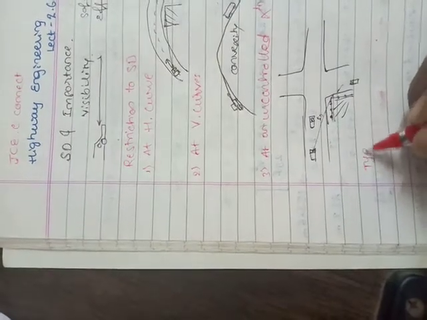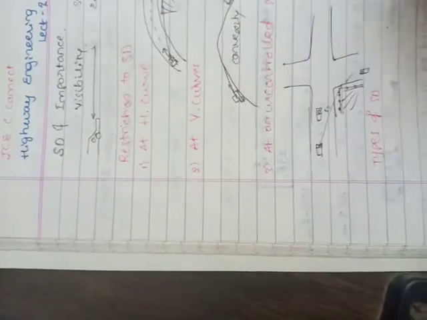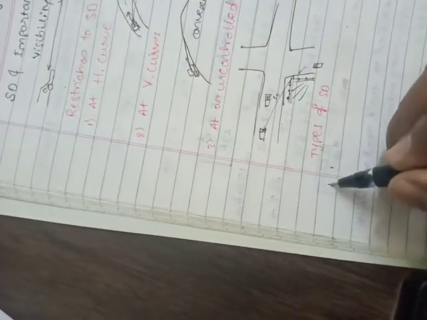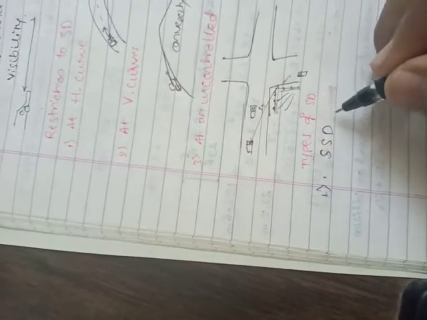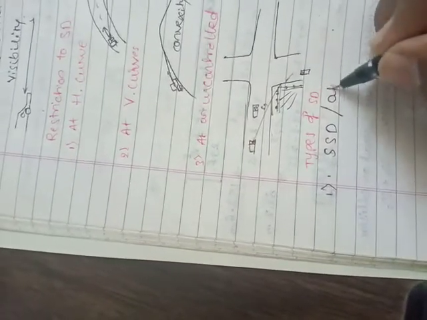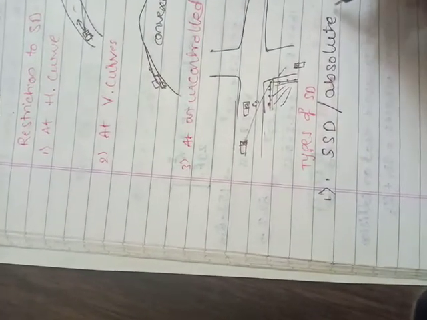Next we'll see the types of sight distances. For geometric design of highways, it is classified as stopping sight distance, SSD, or absolute minimum sight distance.